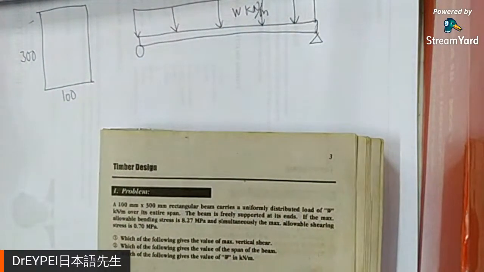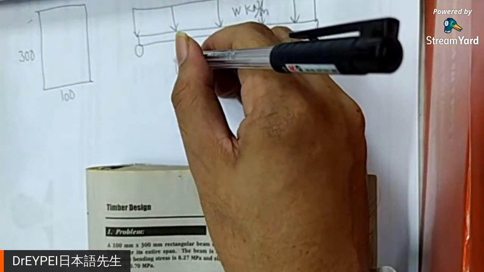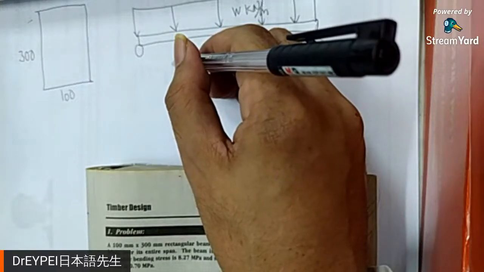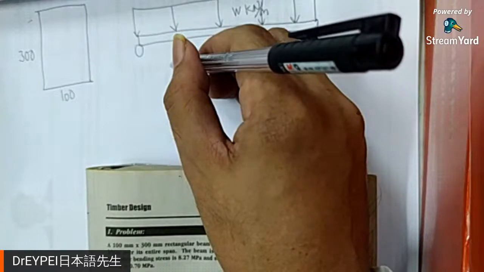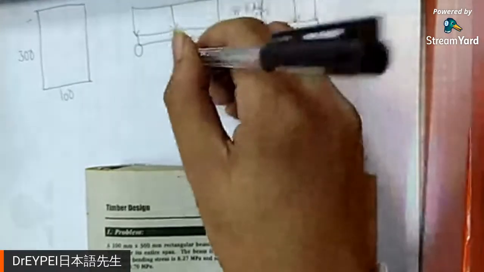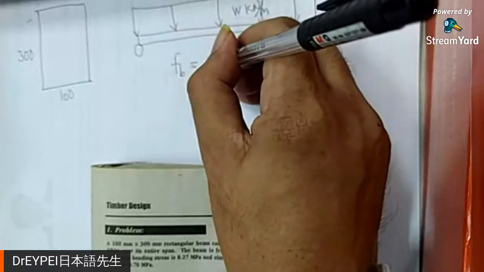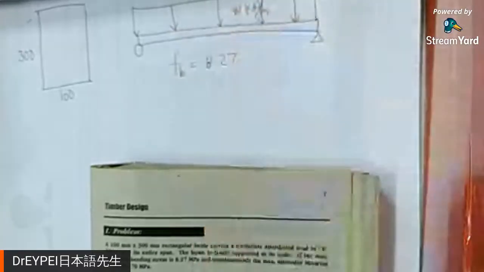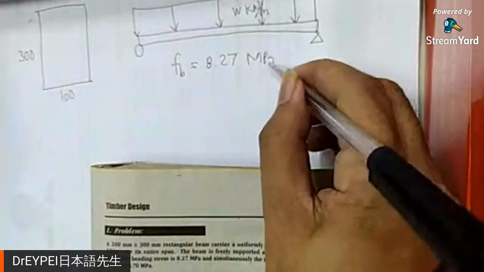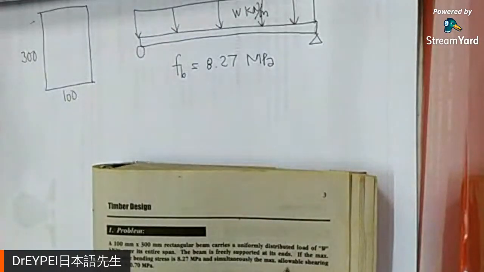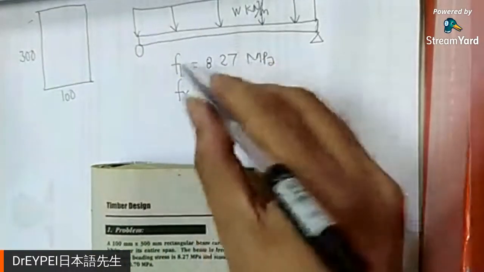If the maximum allowable bending stress is 8.27 megapascal, and simultaneously, the maximum allowable shearing stress is... So, ito supposed to be given.